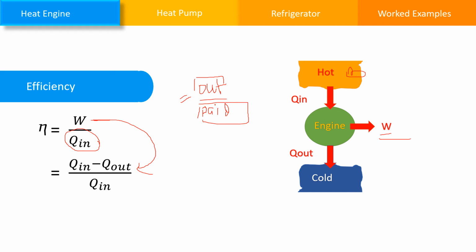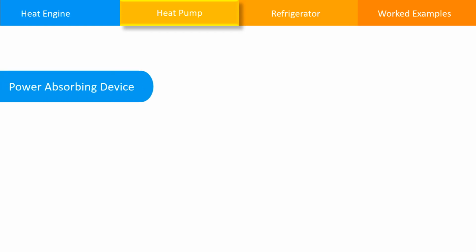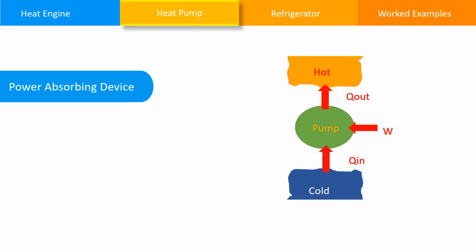Next, we are going to see the heat pump. The heat pump can be said to be the reverse of the heat engine. It is a power absorbing device. Here the work is given as input. Q in is the heat absorbed from the cold reservoir, and the total of this is rejected as Q out to the hot reservoir, that is the hot temperature surroundings.